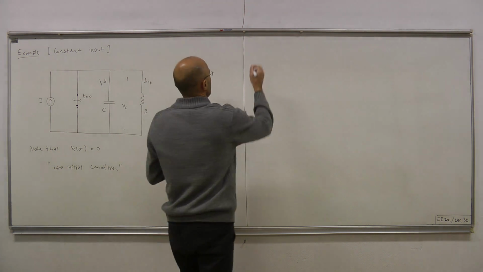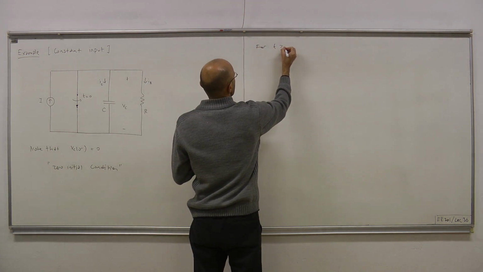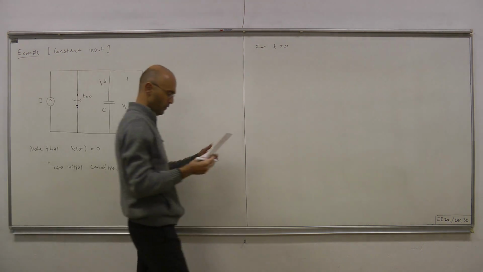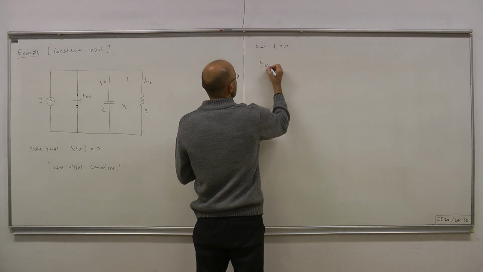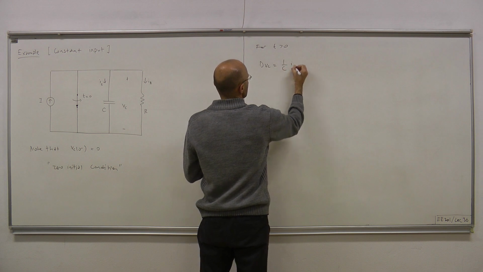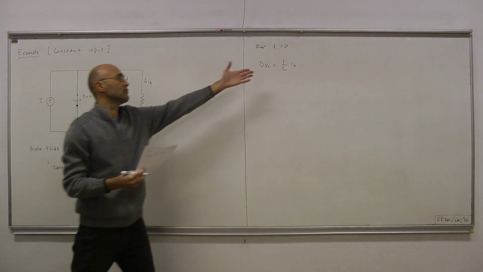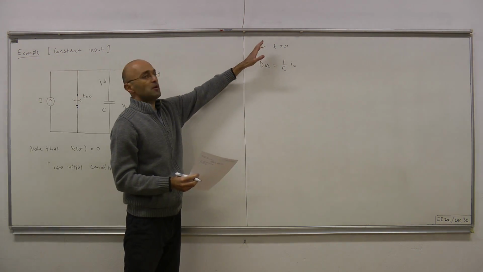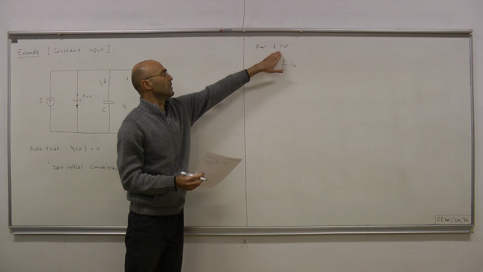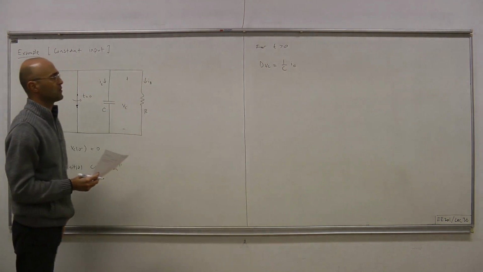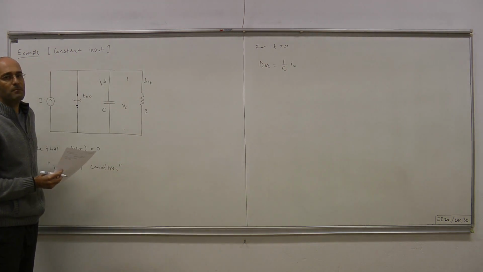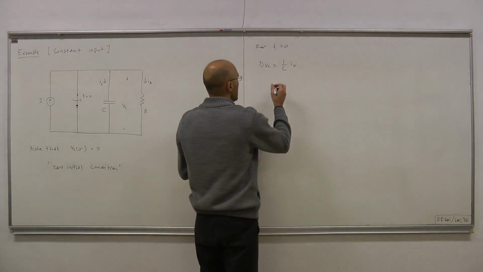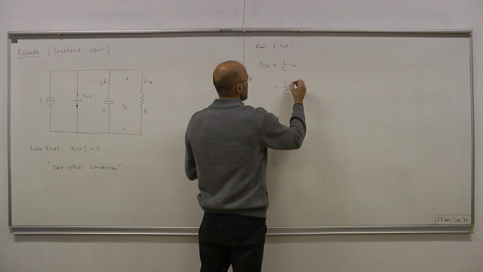Now for t positive, that is after the switch is open, we can write the following. dVC equals 1 over C IC. Well, we can write that for all times, but some of the things that we're going to write afterwards are valid only for t greater than 0. So we start with the terminal equation of the capacitor, which equals 1 over C times IC.